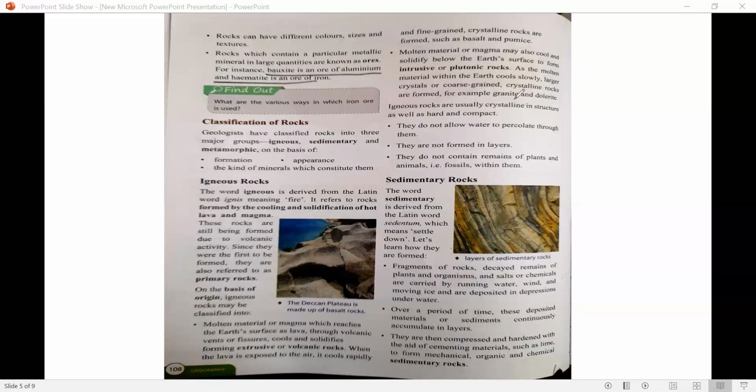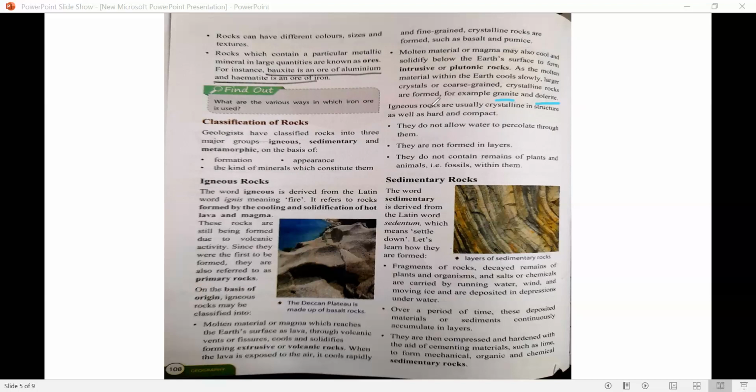As the molten material within the earth cools down slowly, larger crystals form, and coarse-grained crystalline rocks result. For example, granite and dolerite.